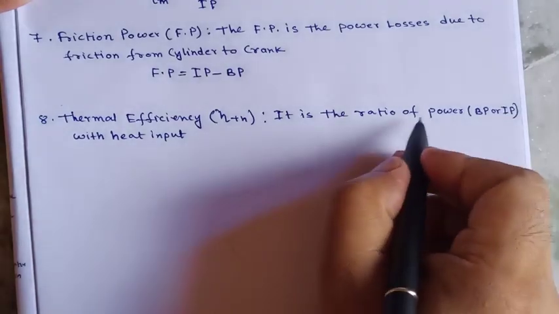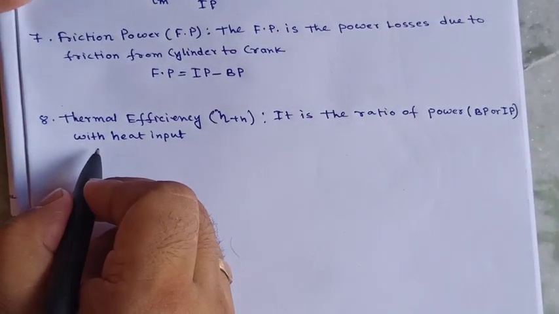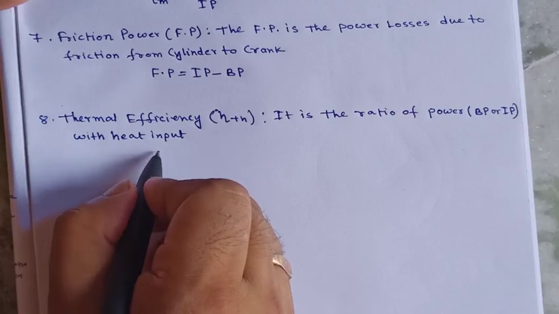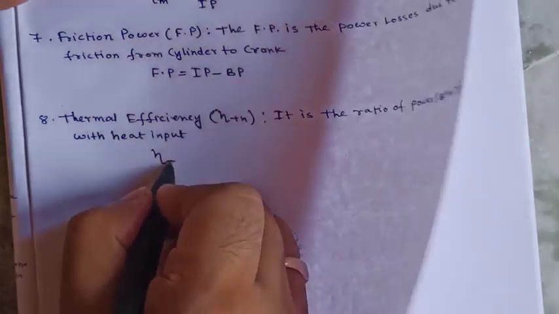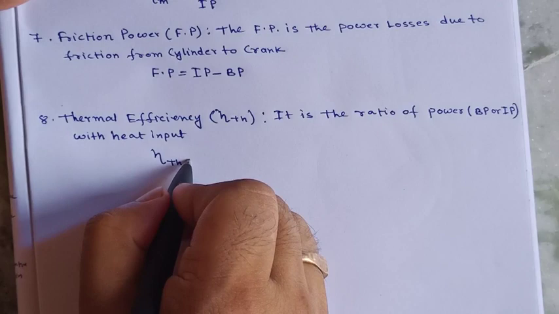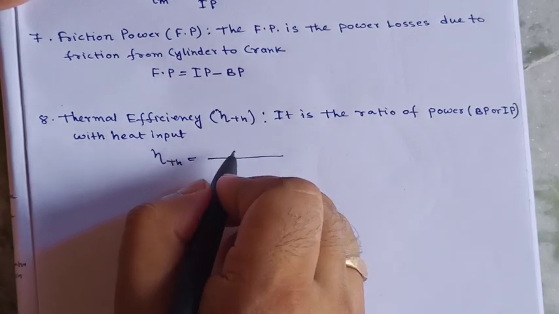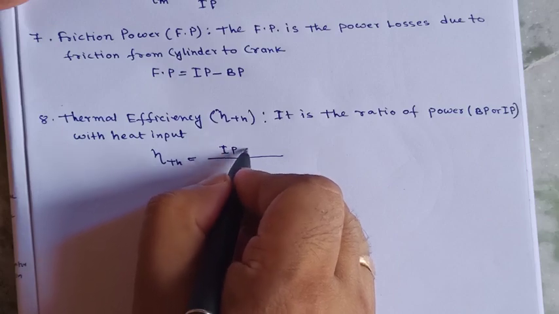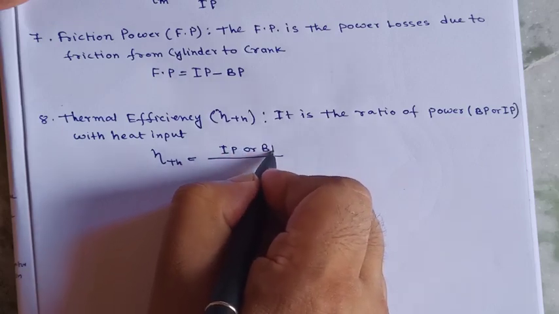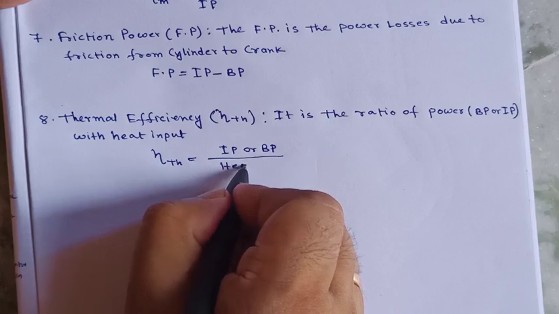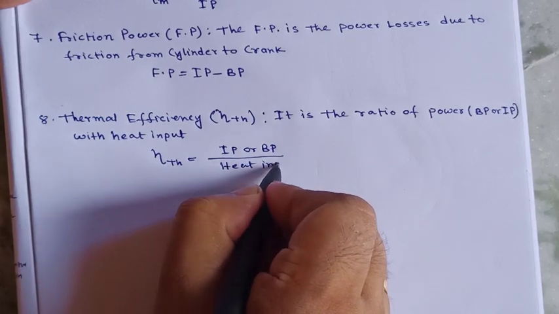It is the ratio between power produced with heat input. So eta th equals IP or BP by heat input.